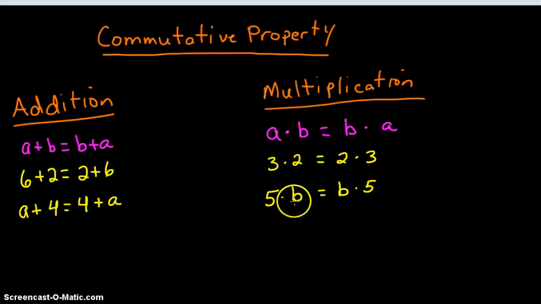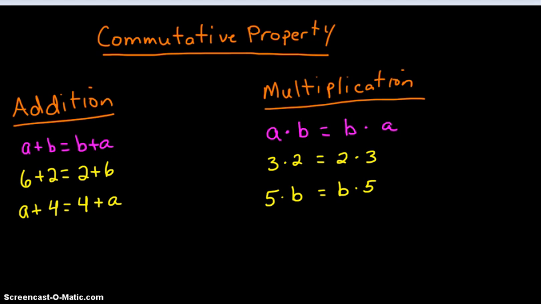Again, if I plug in a 1 for B, 5 times 1 is 5, 1 times 5 is 5. So commutative property. You will at some point have to memorize which properties go with what name. Commutative, 2 M's in commutative probably isn't going to help you because there's 2 S's in associative, but try to think of a way to remember that. So commutative is where there's two numbers or letters and you switch their order.